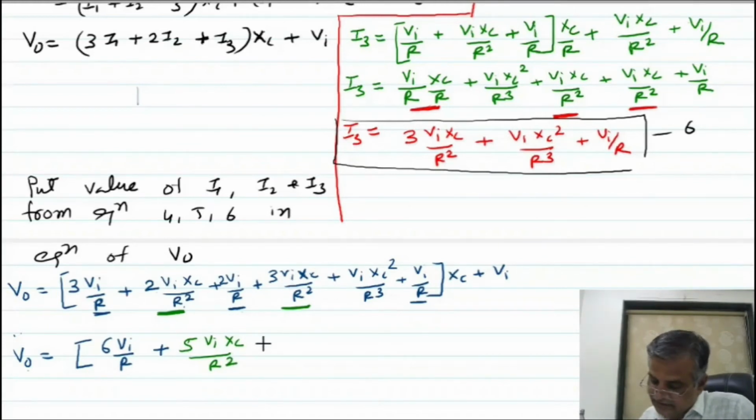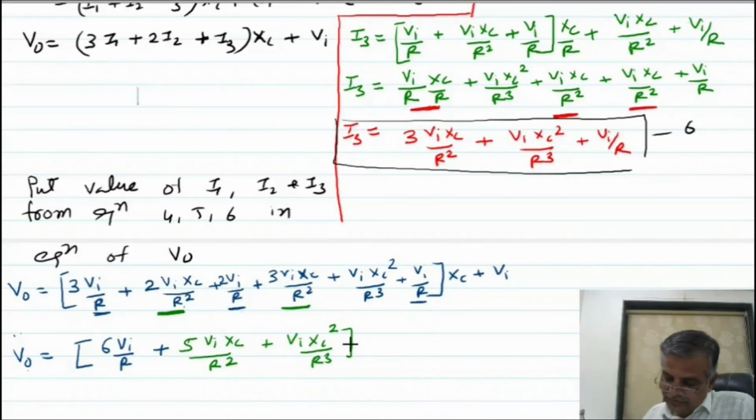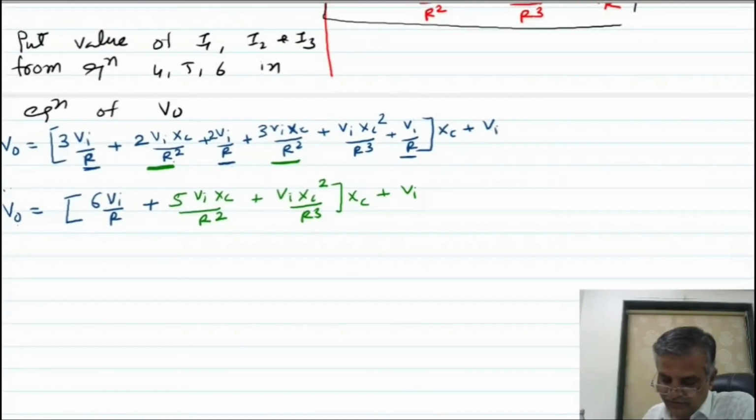Now the last thing is left, plus Vi Xc cube upon R cube, plus Vi. Check here: 3 Vi by R, 2 Vi by R, 3 plus 2 plus 1, 6. 2 Vi Xc by R square, 3 plus 2, 5 Vi Xc by R square, plus Vi Xc cube by R cube, this is left. Let us do more simplification.